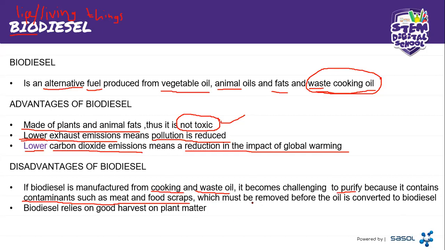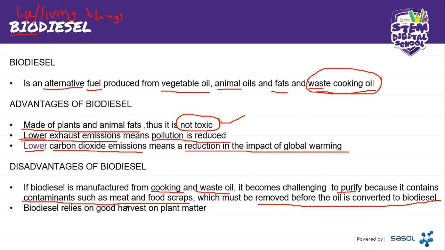And therefore, they must be removed before the oil is converted to biodiesel altogether. So you remember that, oh, because it can be made from waste cooking oil, then it will become challenging to purify it, because there will be contaminants, because it's waste oil.